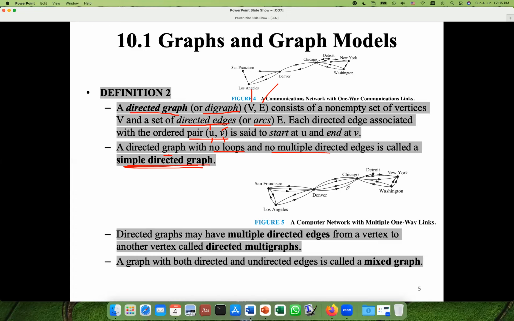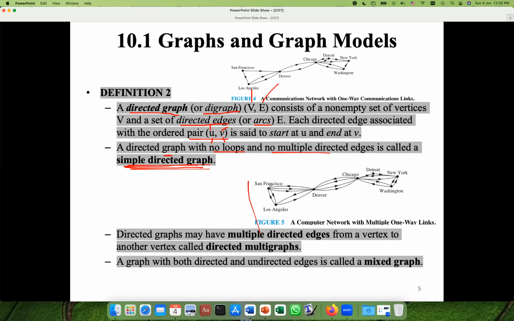Let's see if this is a simple directed graph. We have the direction mentioned on these edges, so it means this is directed. Do we have multiple edges here? If so, then this is not the example of this one. Maybe figure 5 is for something next.